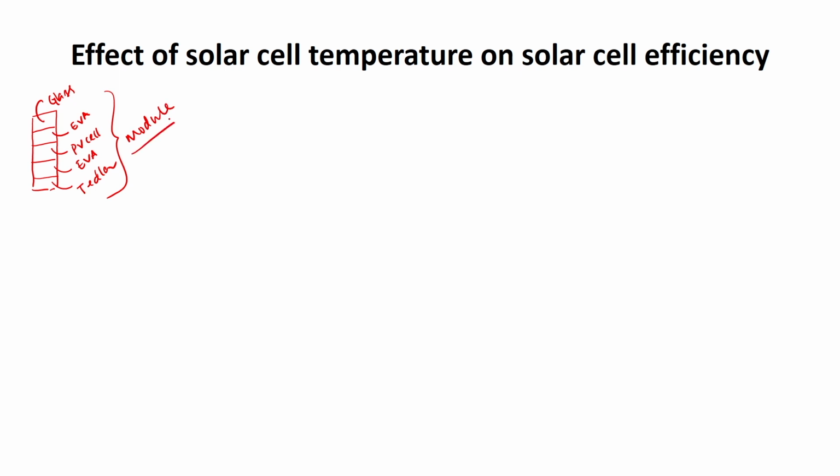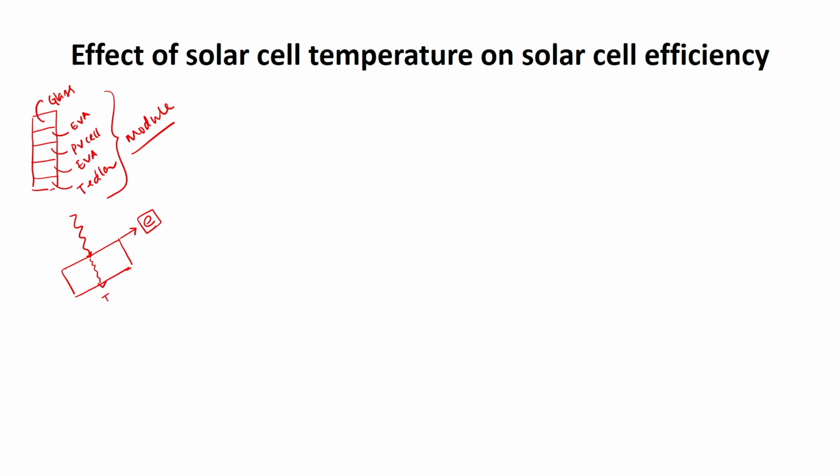Okay, this is a cell and solar radiation is falling on the cell, and then what happens? It will generate electrical energy, right. And then some radiation will move through the cells. Okay.